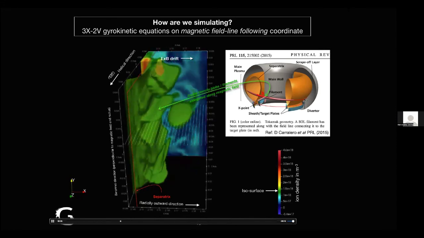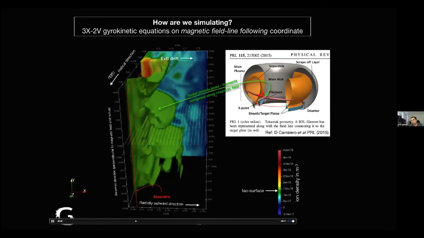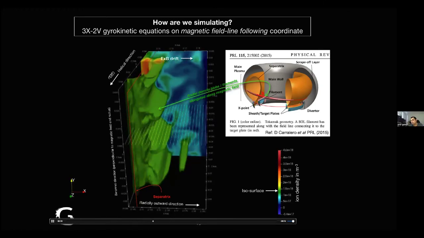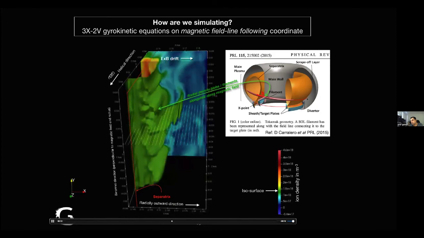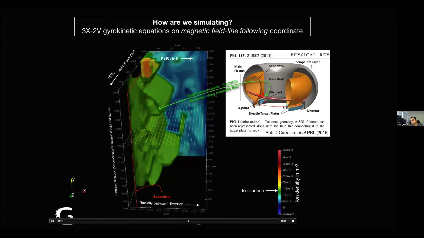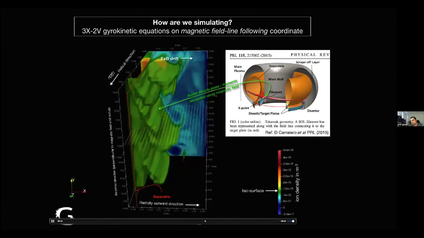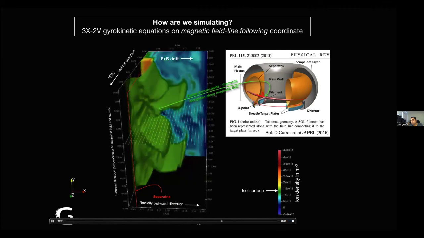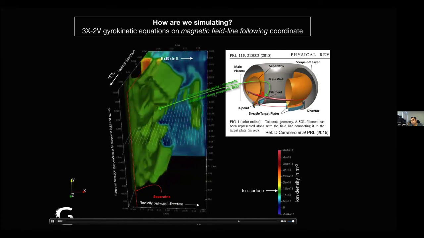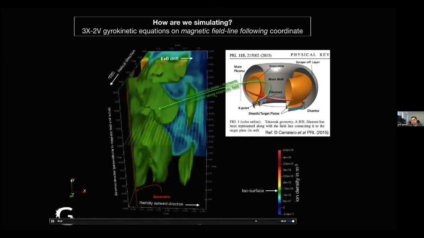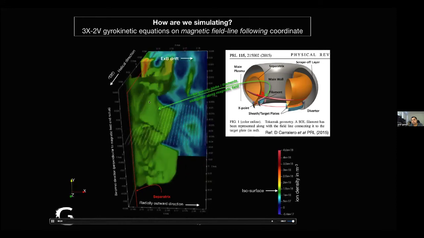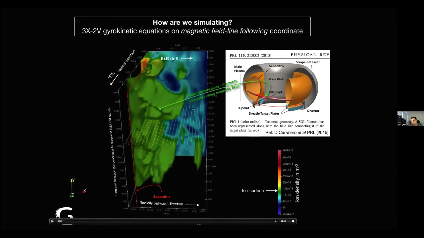You can see this is helically wrapped. And there is a thick blob, a filament, that is written here. These green things are basically the filaments that are coming out.